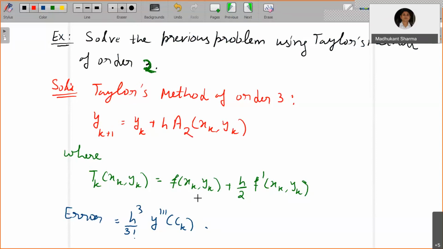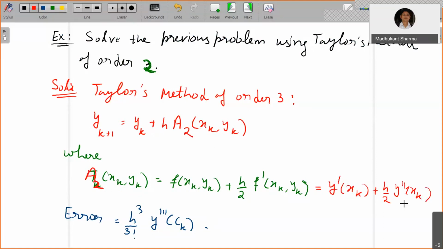So y(k+1) equals yk plus h times A2(xk, yk). What is A2(xk, yk)? If you look at it, this is nothing but y dash at xk plus h by 2 y double dash at xk.